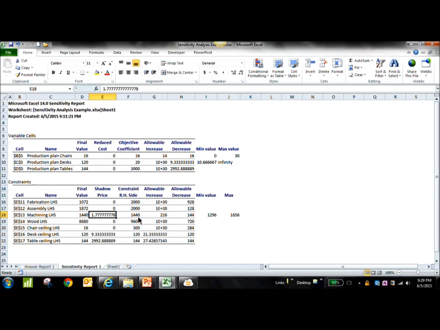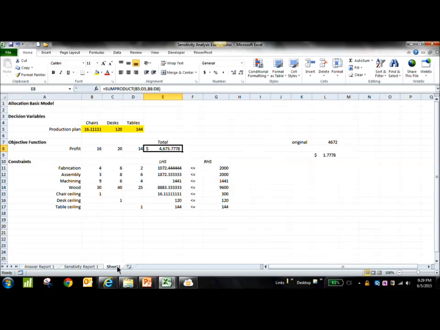An increase of 1 increment of the constraint would cause an increase of the shadow price amount on the objective function. So the question is, if I increase this right-hand side of 120 by 1, what is that going to do to my objective function? It's going to increase it by 9.3333.